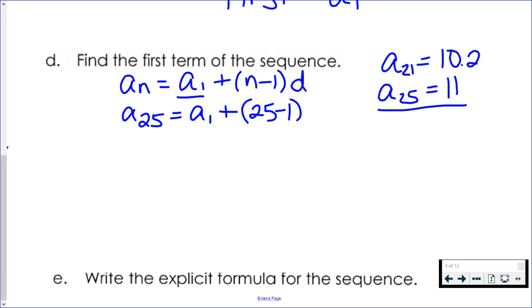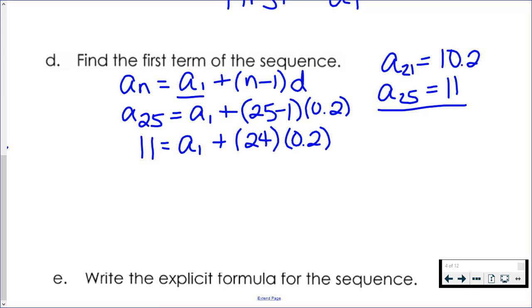We also know our common difference. We found that earlier. And now we know a sub 25, it's 11. We don't know the first term. 25 minus 1 is 24. And now that the first term is the only variable left in there that we don't know, we can solve.